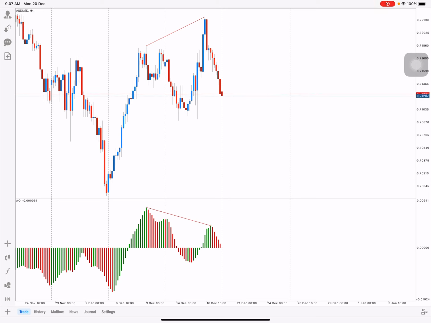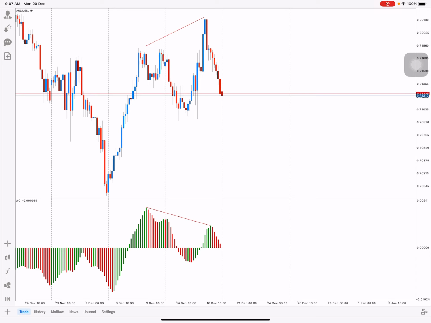If you look at my screen here, we actually detected a very nice divergence, and at the end of last week there was a drop on this currency pair. So the question here is, what is the game plan?